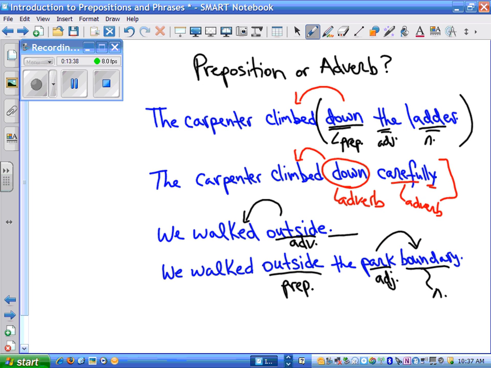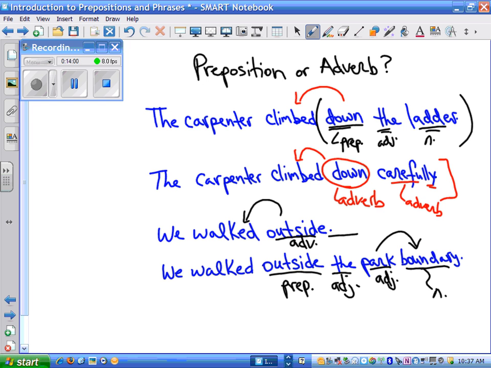But here, it's a noun working as an adjective. It gives us additional information about the boundary. It's not a forest boundary, perhaps. It's the park boundary. It's not the schoolyard boundary. It's the park boundary. So it's giving us additional information.